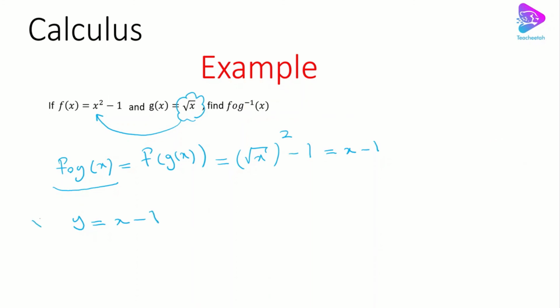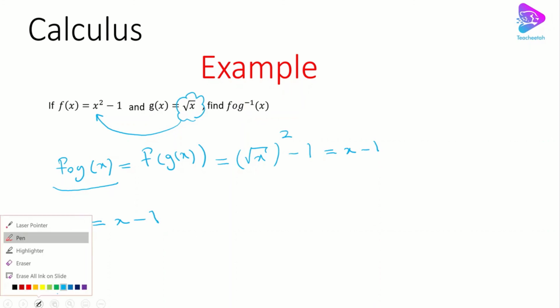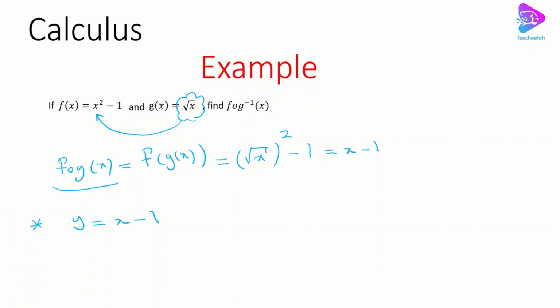So this is our first step for making the inverse of this function. The second step, as we discussed, is basically switching x and y. So the second step would be x equals y minus 1.